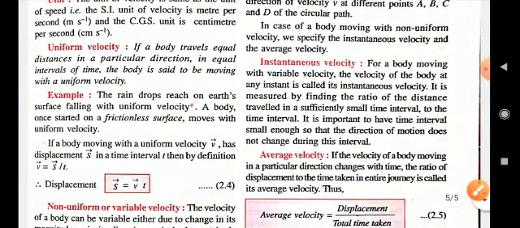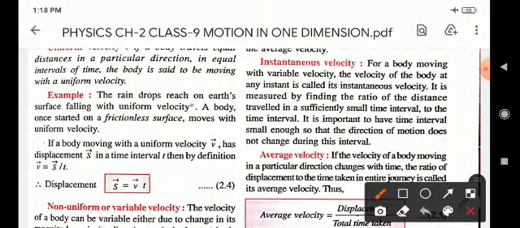Next, instantaneous velocity. For a body moving with variable velocity, the velocity of the body at an instant is called the instantaneous velocity. It is measured by finding the ratio of the distance traveled in a sufficiently small time interval to that time interval. It is important to have the time interval small enough so that the direction of motion does not change during the interval.